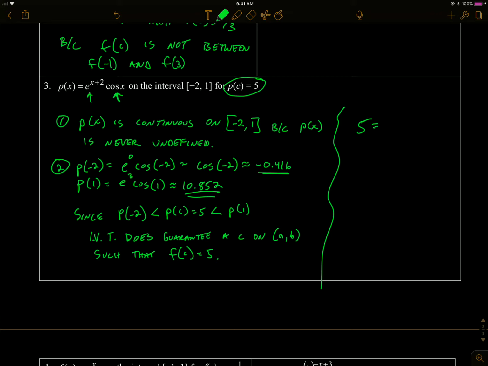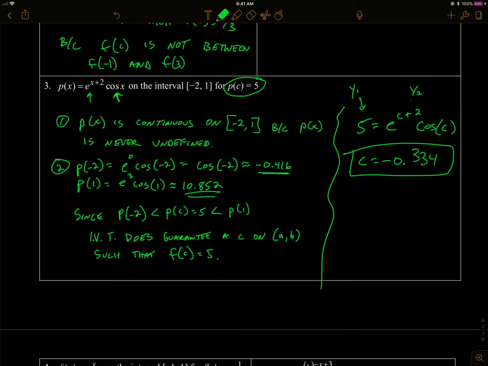So 5 equals e to the c plus 2 times cosine of c. So we want to find out what x value, what c has a y value of 5. So this is a little calculator practice. I have the answer done out already. So how would you solve that in your calculator? You're going to put 5 into y1.